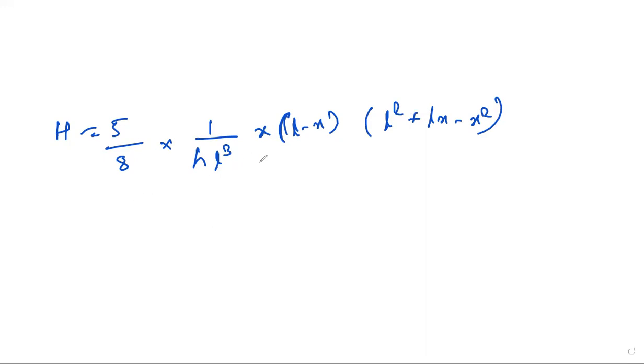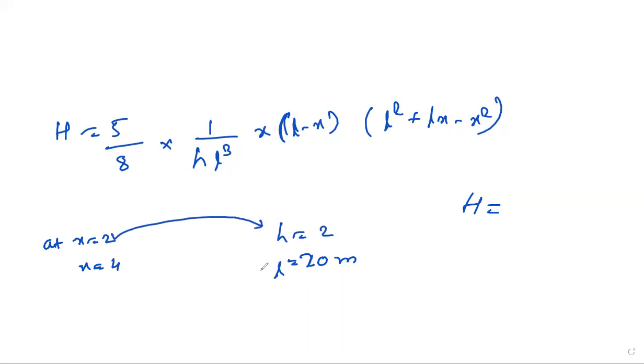Please use this equation now, only for one value or two values. H is equal to 2 meter, L is equal to 20. Only check two values, first and second. At x equal to 2 meter and x equal to 4 meter, check this and give me the value of H. At x equal to 2, H is 2, L is 20.